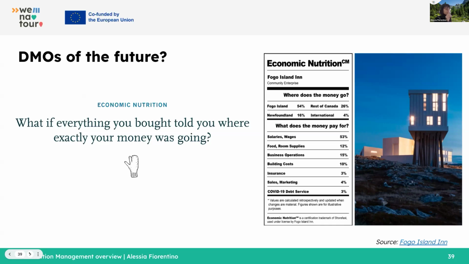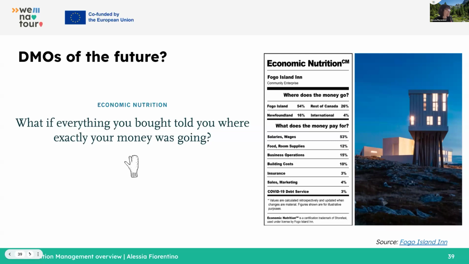So they state where the money spent there goes. Where does the money spent by the visitor go? Sorry. So salaries, wages, food, room supplies, business operation, insurance, sales and marketing, and there was COVID there again, but still.